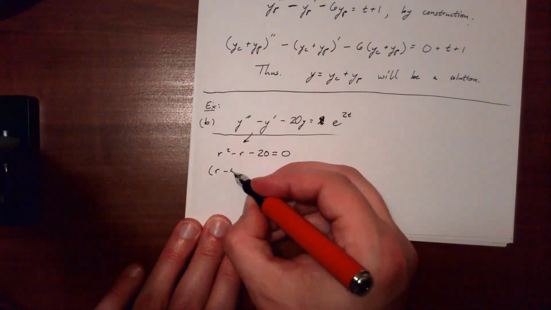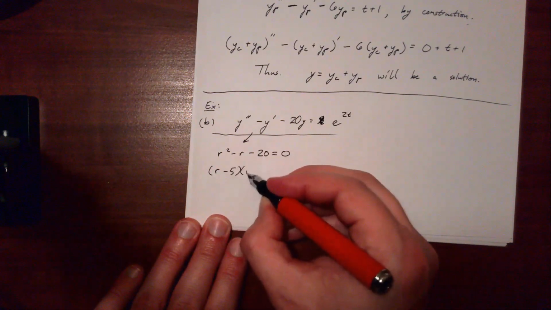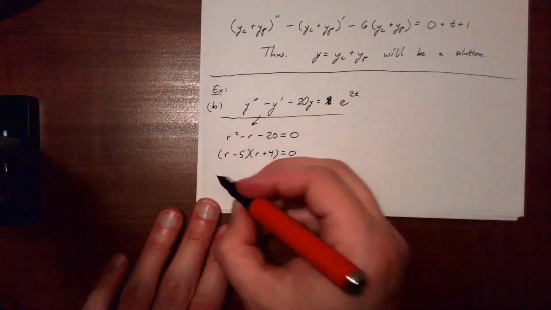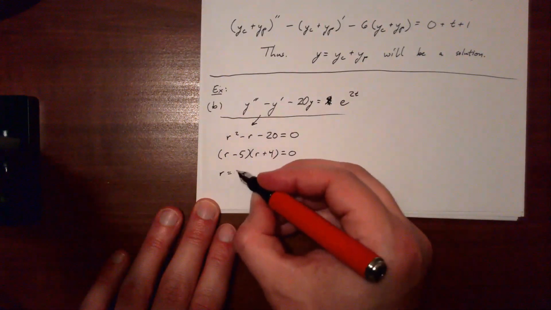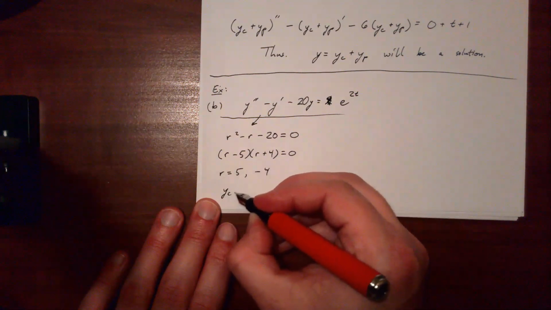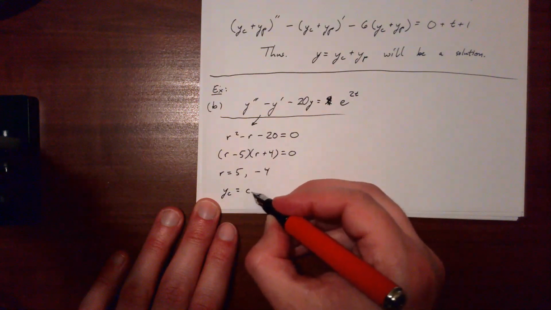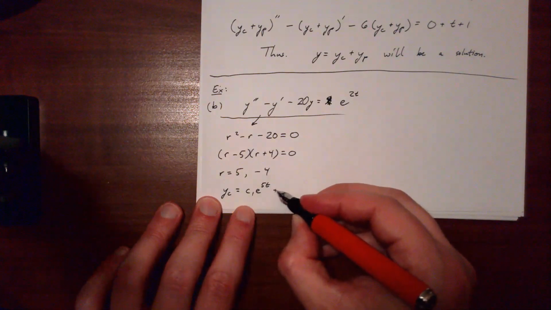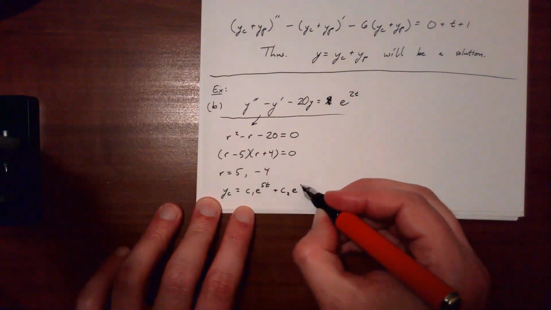So (r minus 5)(r plus 4) equals 0, which leads us to r equals 5, comma negative 4, which leads us to our complementary solution being c1 e to the 5t plus c2 e to the negative 4t.